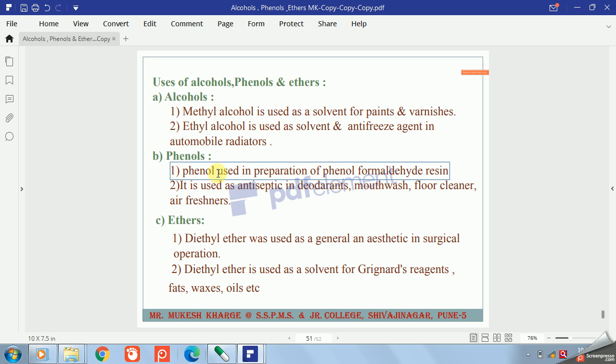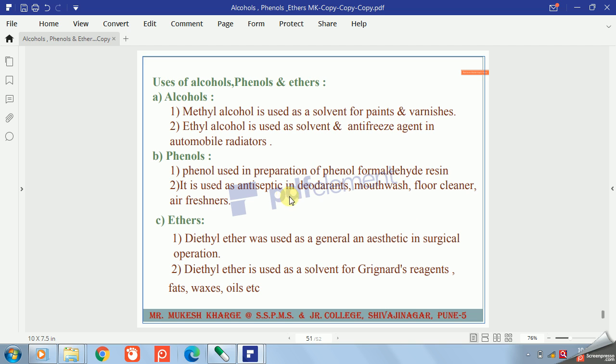Then phenol is used in the preparation of phenol formaldehyde resin. The example of this type of resin is bakelite. Bakelite is the example of this type. So it is one type of plastic. Okay, you can check this in the polymer topic.